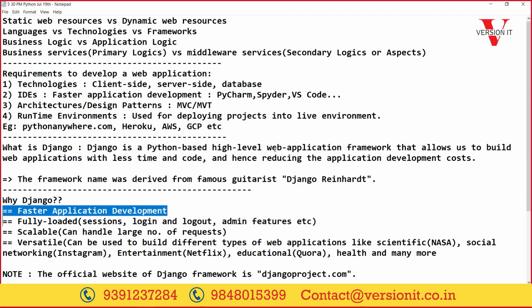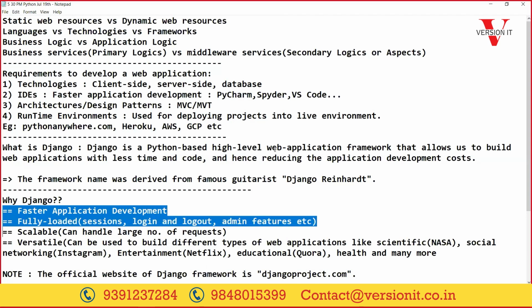One main advantage Django has compared to all other frameworks, whether Java or PHP frameworks, is that it is fully loaded. It provides some extra features for our application, like administration features.